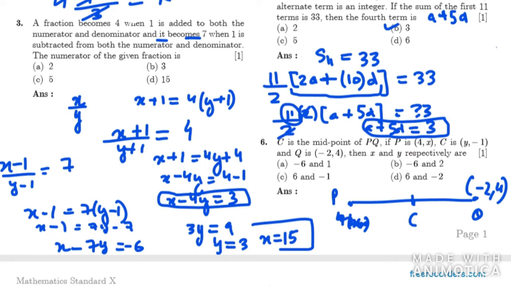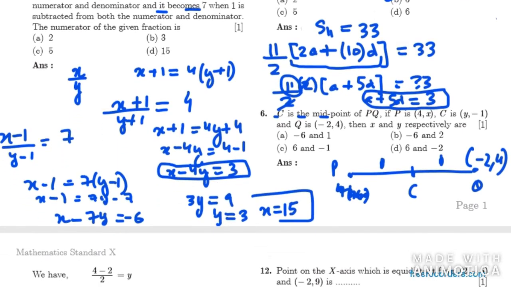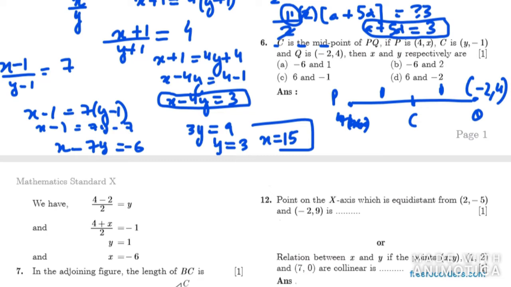So we can apply it as it says C is the midpoint. That means the ratio is 1:1. So in this case m1 is 1, m2 is 1. So we could apply the section formula in it, and by the section formula we get 4 minus 2 over 2 equals y, and from the second equation we get 4 plus x over 2 equals minus 1, from CQ first, then from PC.